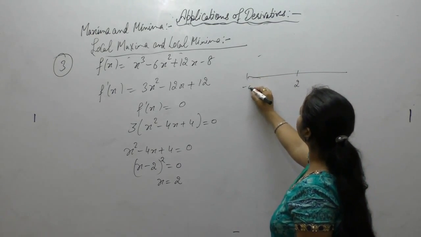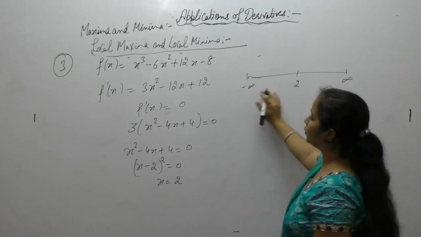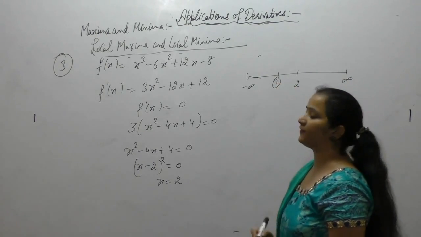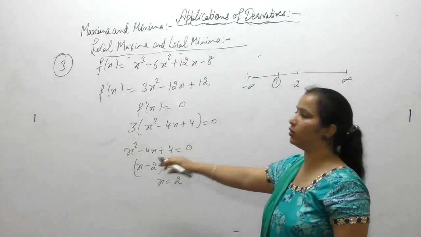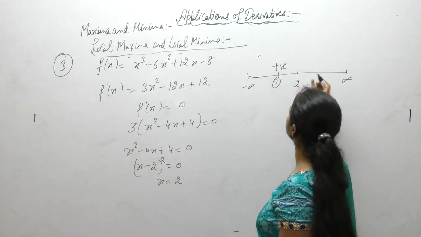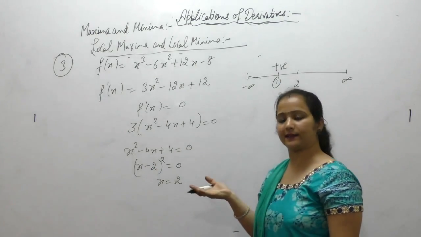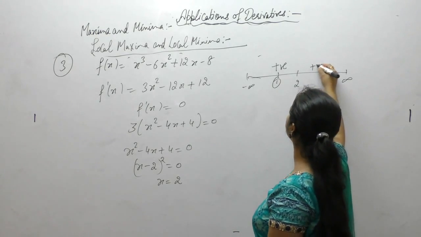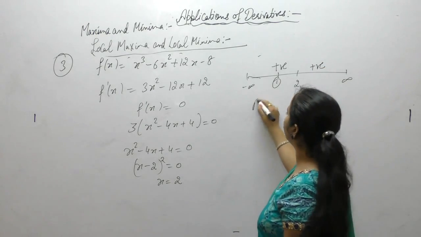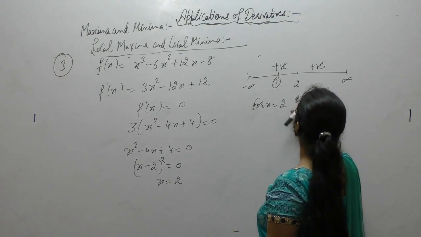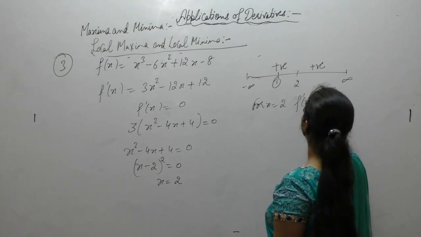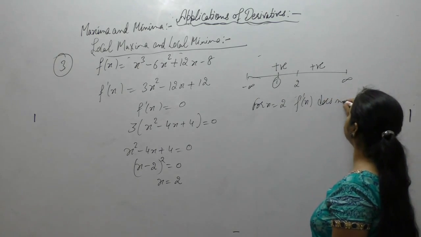Now we have the point 2. Put a number less than 2 in f dash x. Let the number be 1. 1 minus 2 whole square is positive. Put a number greater than 2, 3. 3 minus 2 whole square, that is also positive. For x equals 2, f dash x does not change sign.